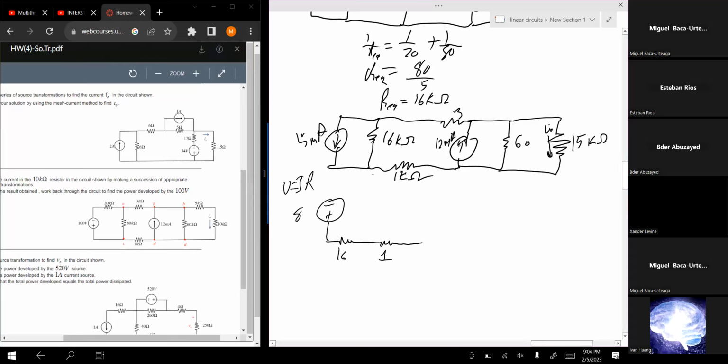That's going to be 80 volts. And then this is just going to go like that.